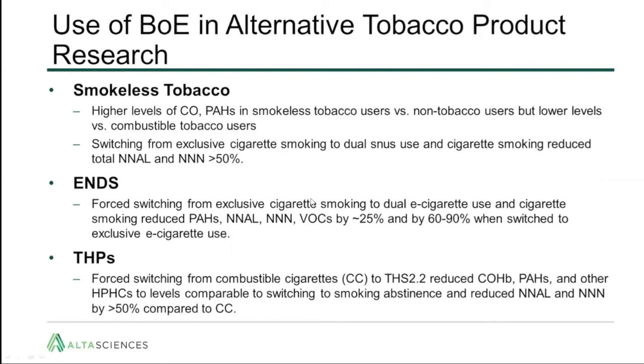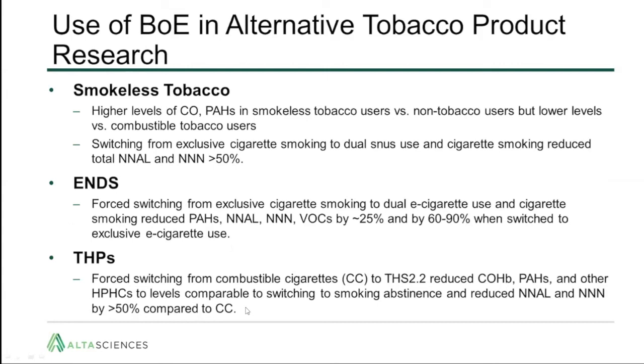If you look at some of the biomarkers of exposure in alternative tobacco products, smokeless tobacco, for example, there have been levels of higher carbon monoxide and PAHs in smokeless tobacco users versus non-tobacco users, but these are lower than combustible tobacco users. In some ENDS products, forced switching from exclusive cigarette smoking to dual e-cigarettes reduced some of the biomarkers.